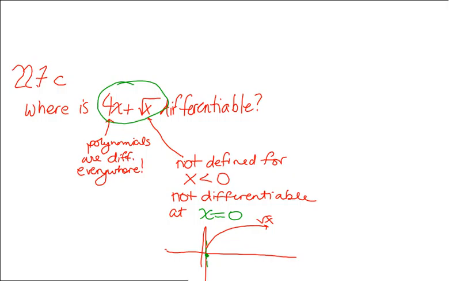Well, it's not even defined for any value where x is negative, right? Because square root of x wouldn't make sense. And in addition, it's not differentiable at 0. So the only place it is differentiable is when x is greater than 0.